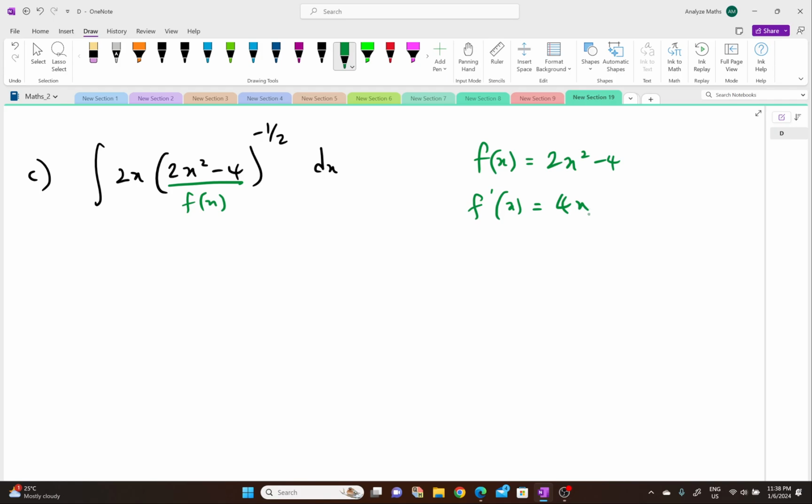You see, here we need 4x. Here only 2x. Only the coefficient differs, but the variable x is there. So we can do some adjustment. We call that adjustment. What adjustment can we do? You take out the 2, put x here.